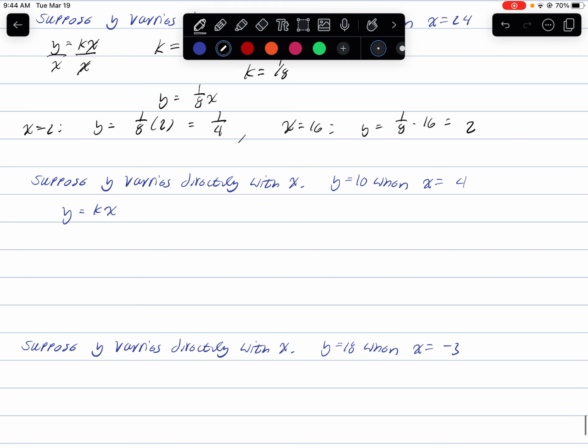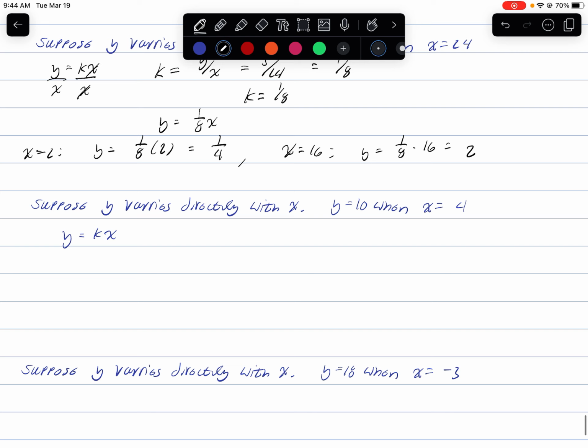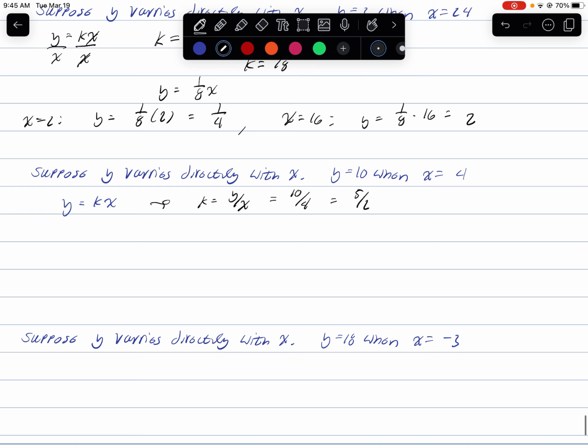If we want to solve for that, we already have k is equal to y over x. So we can just plug in our values for y and x. So we get 10 over 4, and we can reduce that to 5 over 2. So our direct variation equation is going to be y equals 5 over 2 times x.